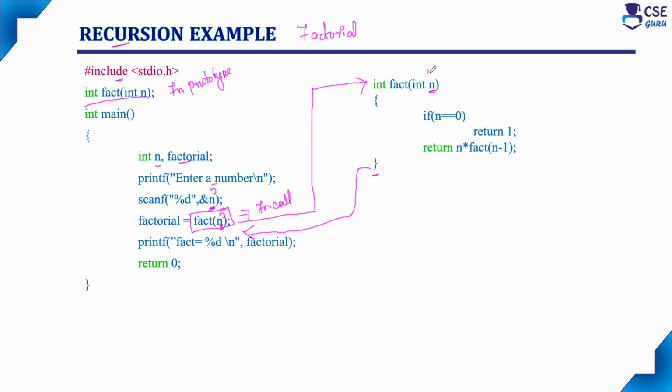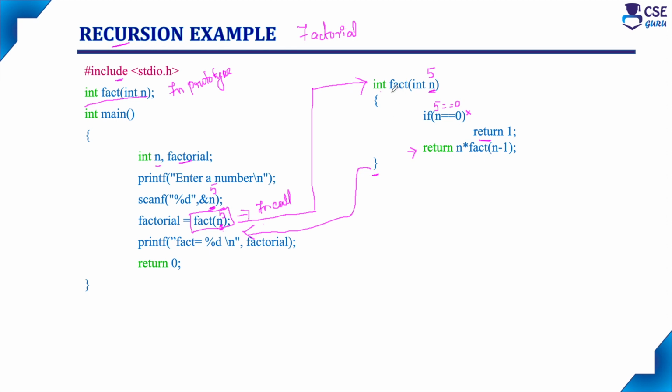So here the n value 5 is passed. Now we will trace the logic for this recursion example. Here the n value is 5. It checks the condition whether 5 is equal to 0. The condition fails, so it won't execute that statement and will go on to execute the return statement. So this is the first recursion. What do you mean by recursion?